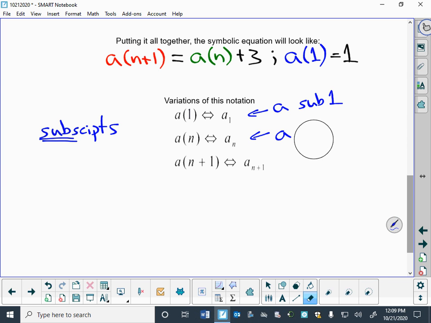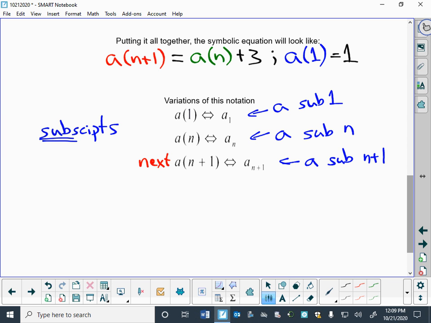Writing it over again doesn't help anything. A sub n, and this is A sub n plus 1, they still stand for the same things. This is still the next thing here. This is still the current. And this is still the first.